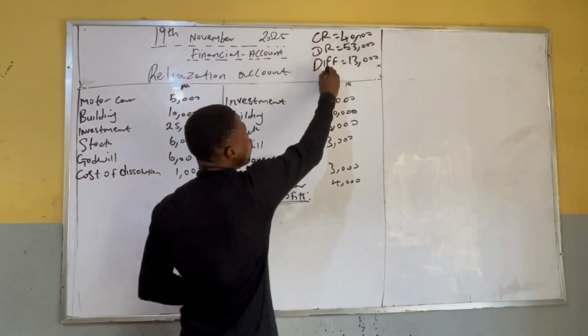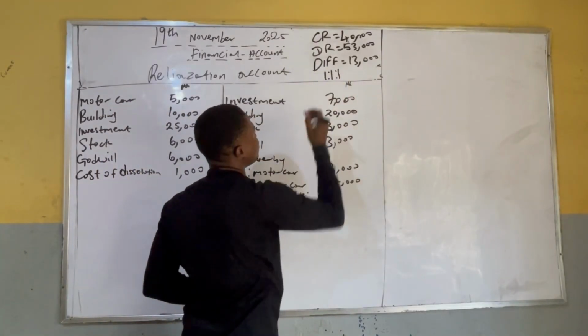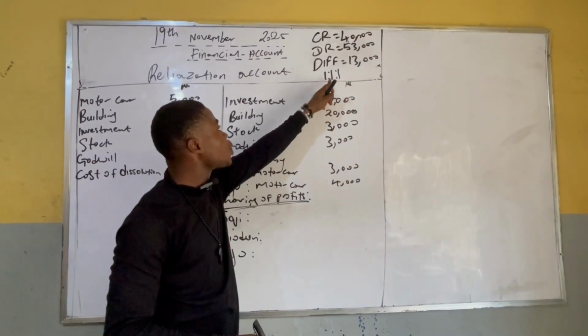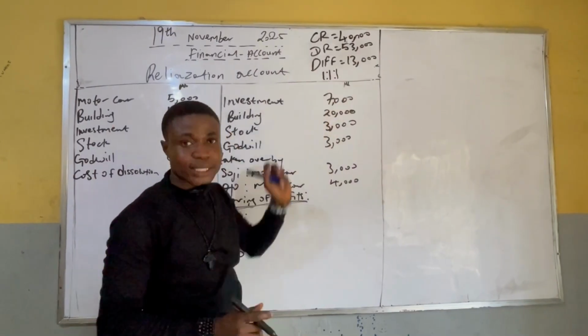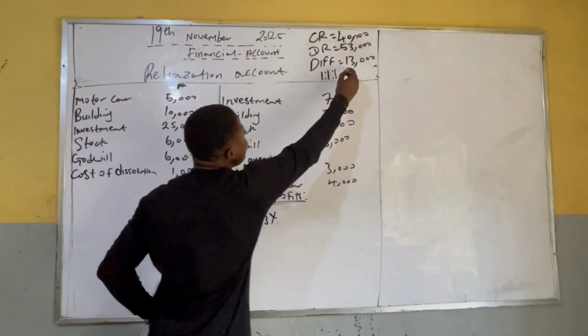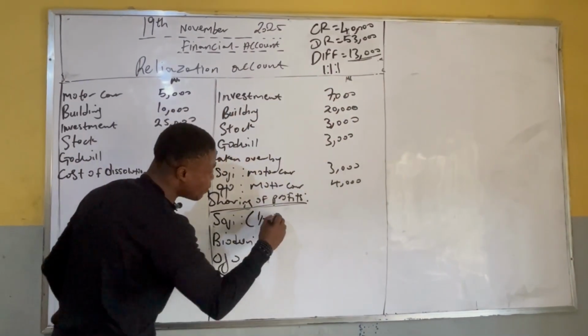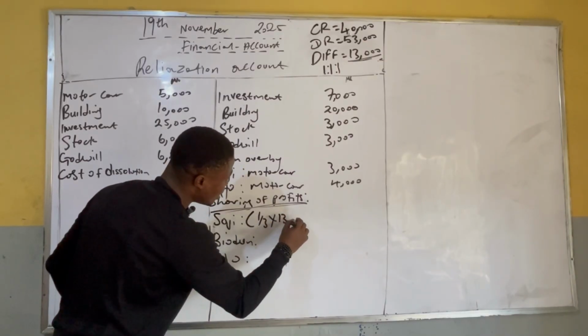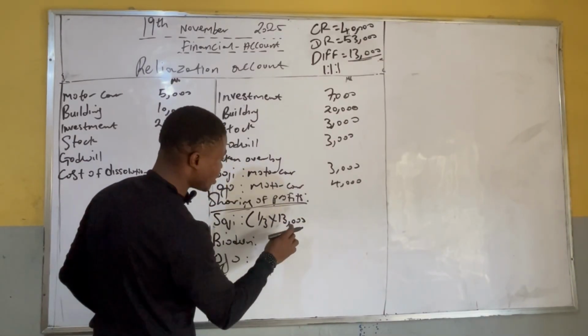There are 3, 1, 2, 3. They are the same ratio. That is, 1 plus 1 is 2, 2 plus 1 is 3. That is 1 over 3 times your profit, your difference, 13,000.